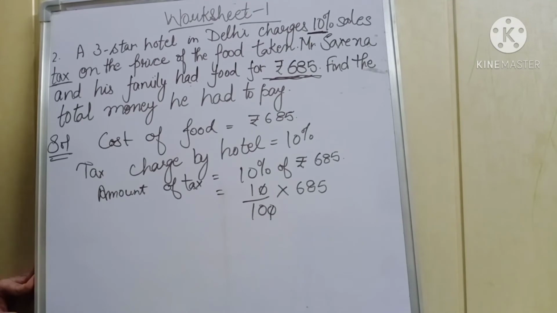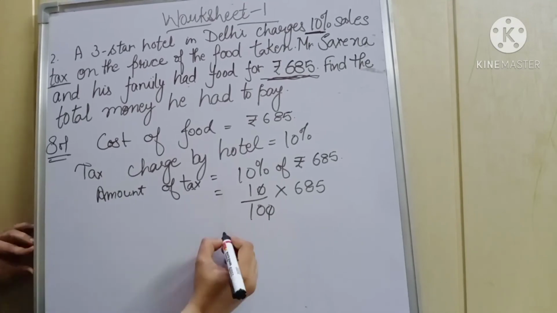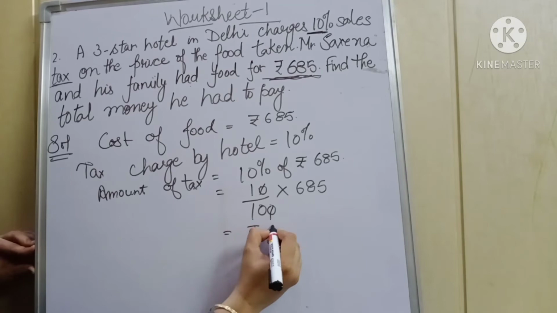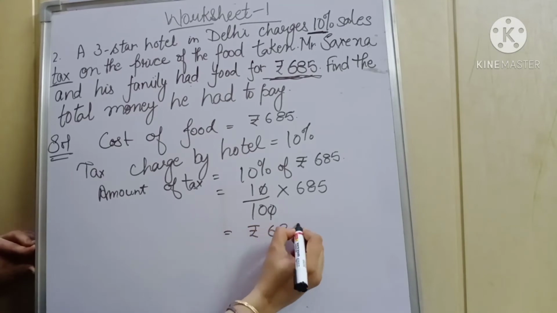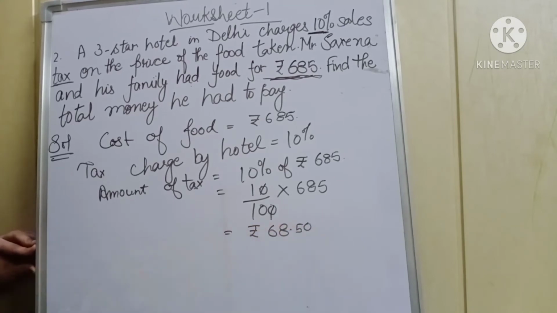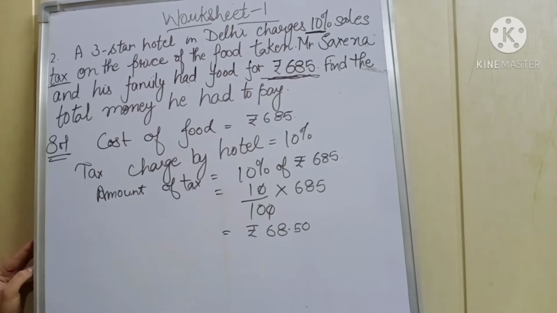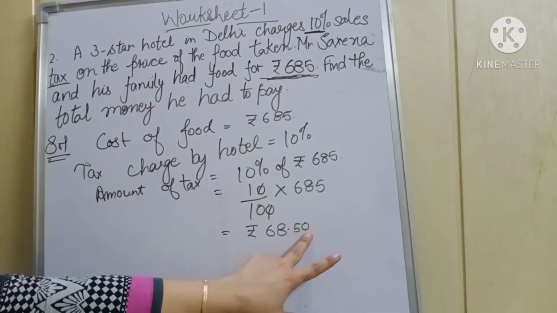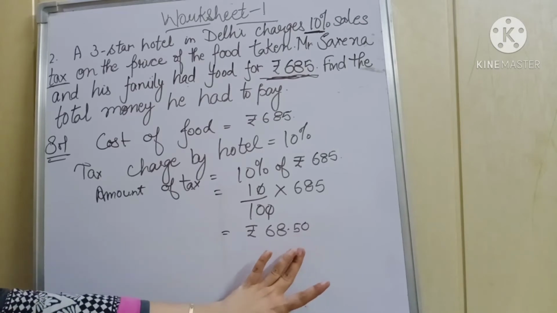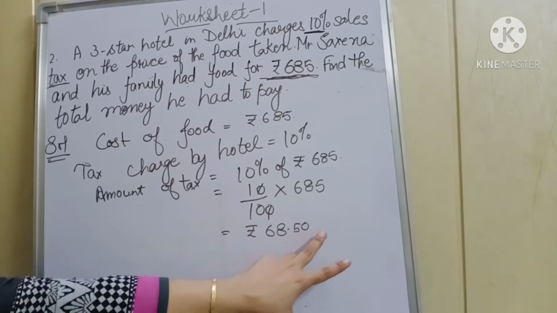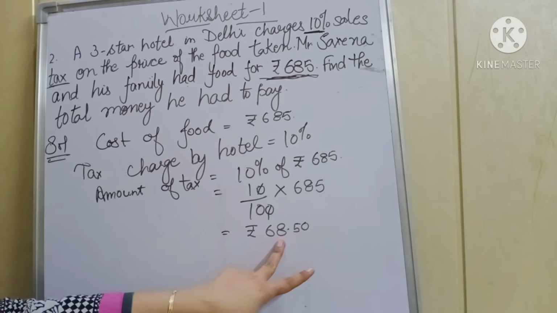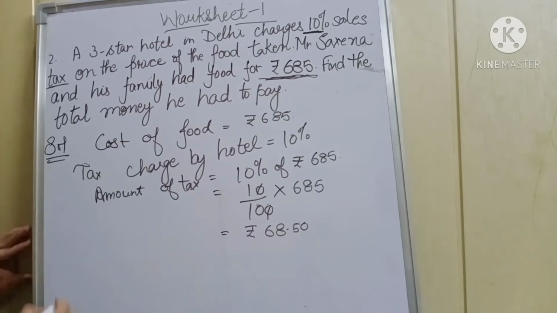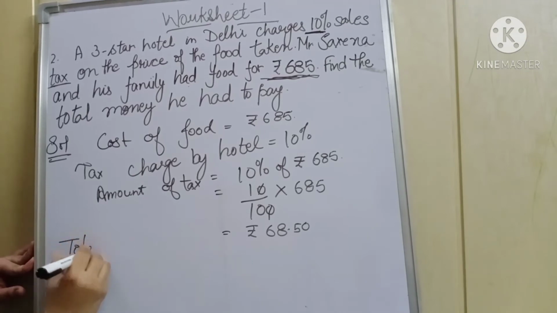And after that, you just apply a decimal, 68 rupees 50 paisa. Why have I put 50? Because in rupees we have 0.5, but 5 is at last, so we say 50 paisa. 68 rupees 50 paisa. Now total amount of bill.